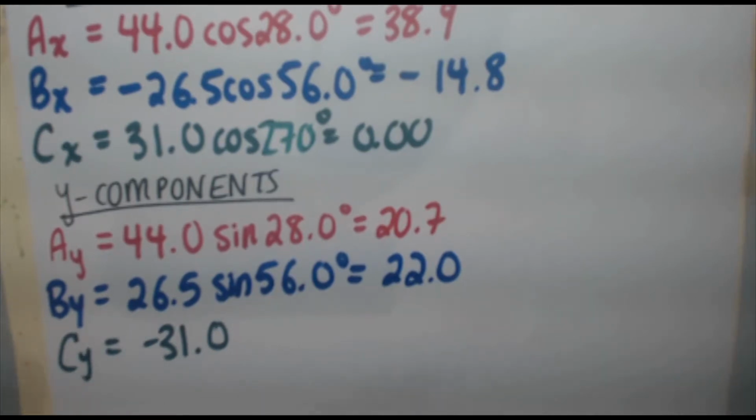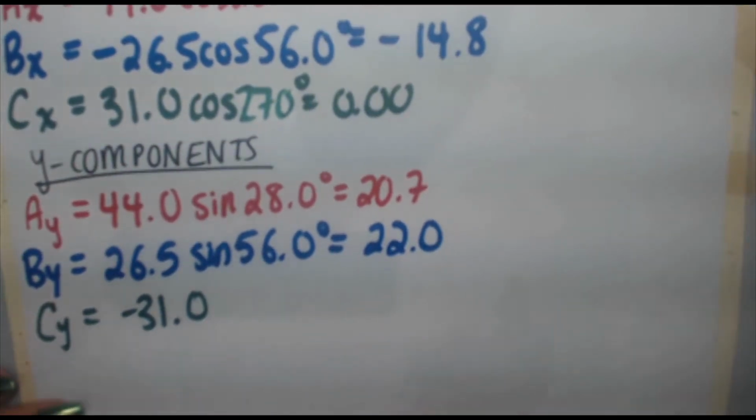So we've got our components. We're not quite done yet because these are the components of each individual vector, right? We want to know the components of the resultant. So when you add A, B, and C together, you are going to have a single vector, and you need to provide those coordinates, those components rather. Okay, so this is how we're going to do it.